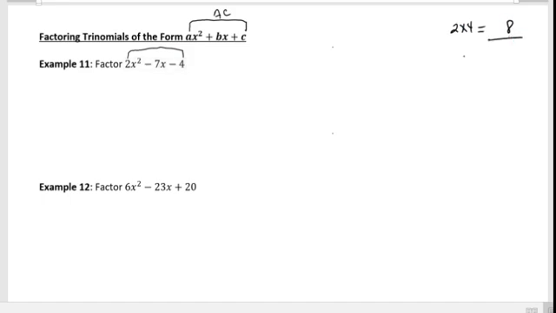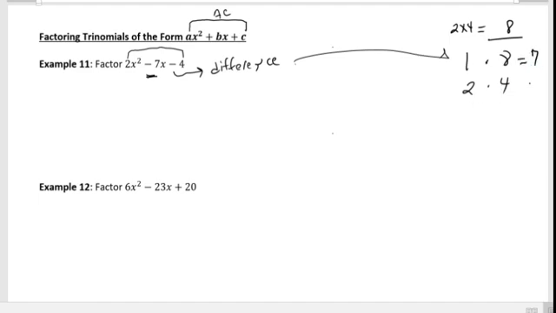So we're going to take this number, get its factors, 1 times 8, 2 times 4. Now the number that we want is a negative 7. Since I have a negative here, then I'm going to be looking at the difference of these numbers. So 1 minus 8 is 7, 2 minus 4 is 2. So since I have a 7 here and that's what I want, then we're going to look at these factors.